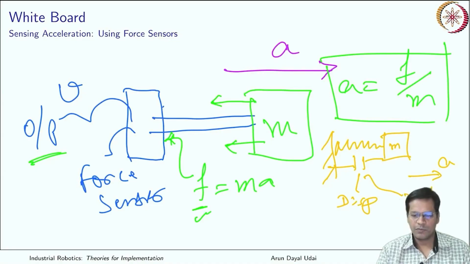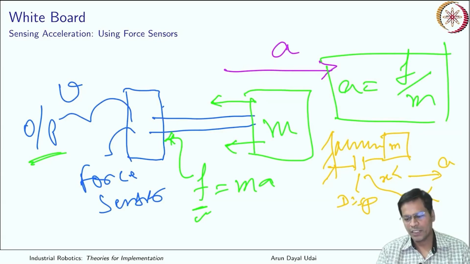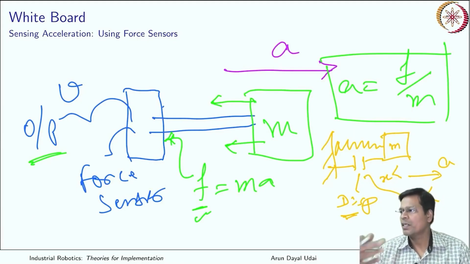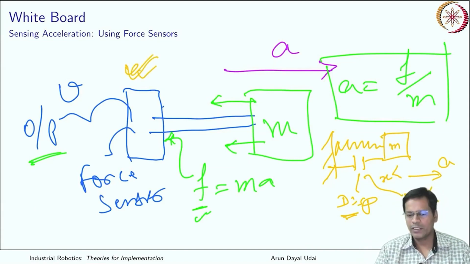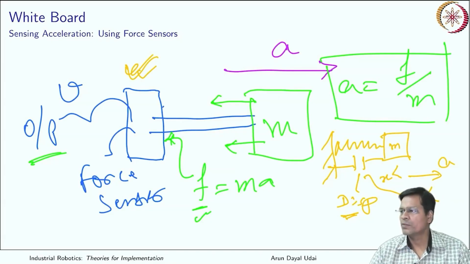So the distance between them, if it is x, x will be reduced. Got it? Using some external device, if you can measure this displacement, definitely you can estimate how much your acceleration is. So yes, there are many ways to measure acceleration using some primary sensor. Over here I have demonstrated how it can be done using a force sensor or a displacement sensor. You can have other things also which can be used like an acceleration sensor.